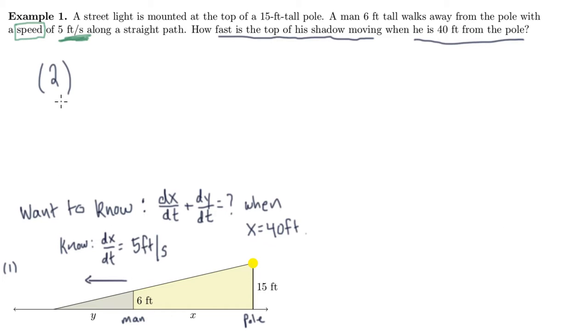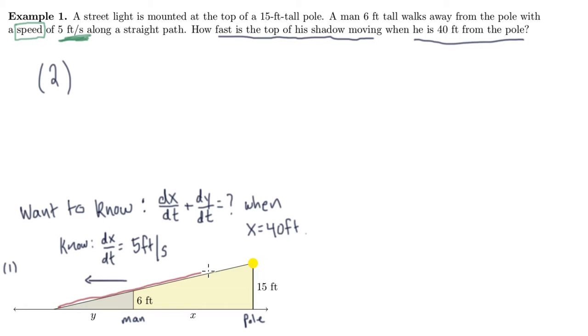Now what we need to use here is something that I believe you've learned before, but there's a very good chance that it's probably not at the forefront of your mind right now. So in order to relate x and y, what we need to notice is that we're actually dealing with similar triangles here. See, was that the first thing you thought of? Probably not.